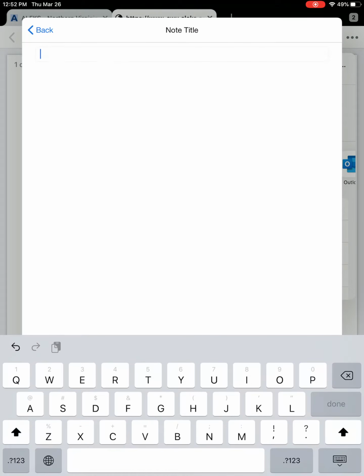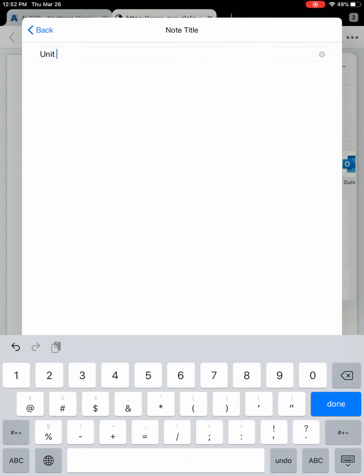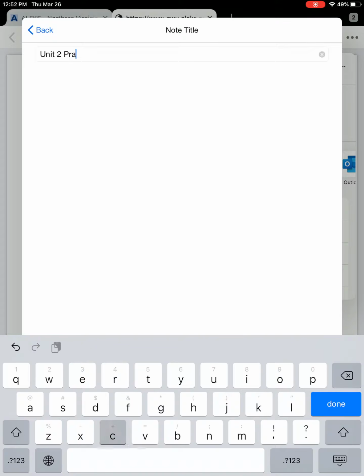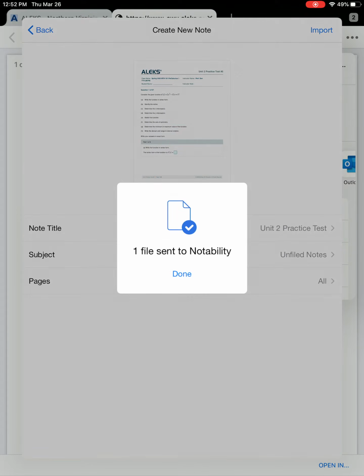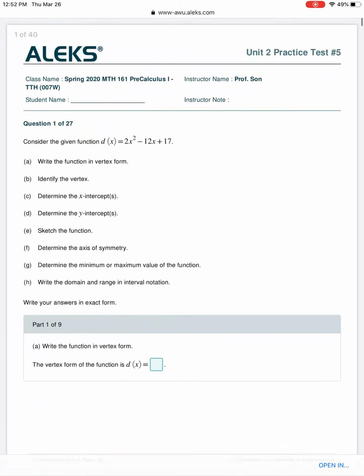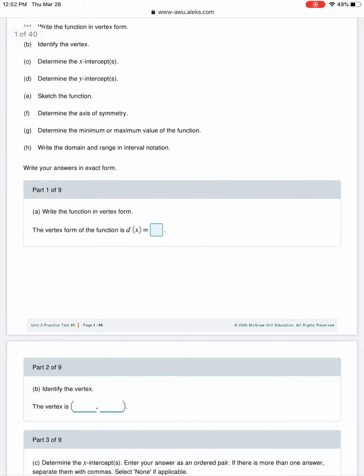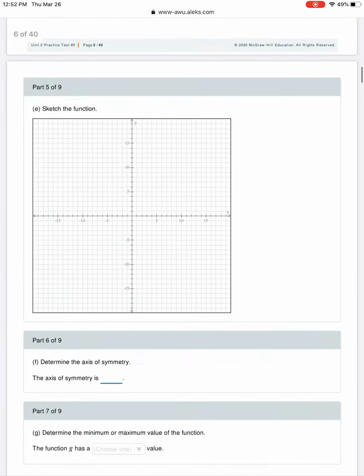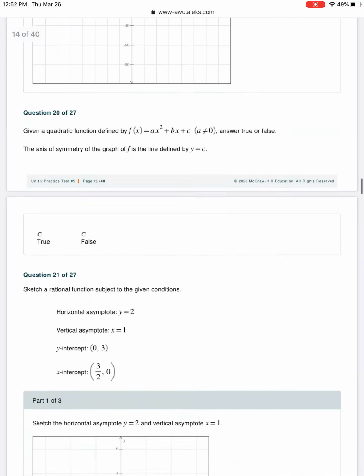I'm going to create a new note, and I'll call this Unit 2 practice test. Okay, so I got it saved, and I'm going to work on that now. Now it looks like a 40-page document.